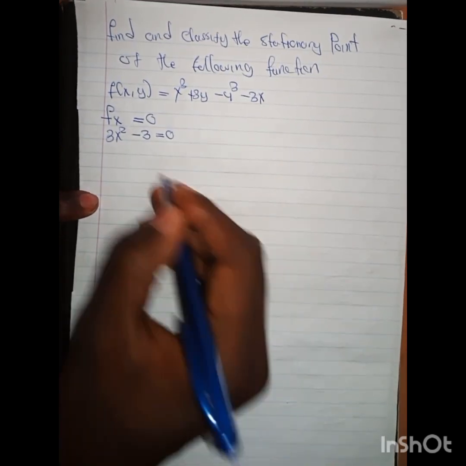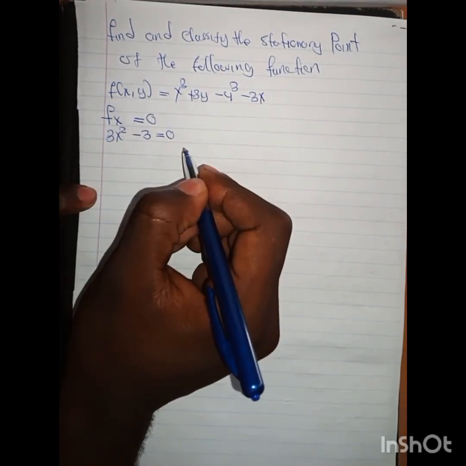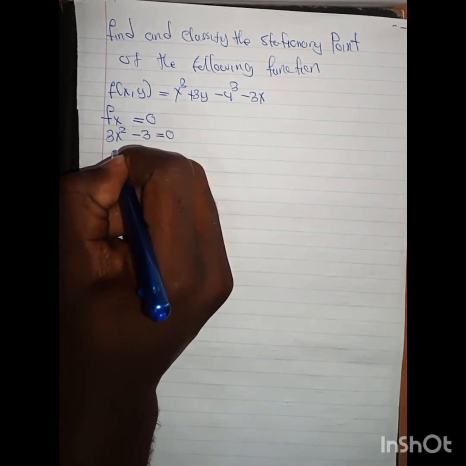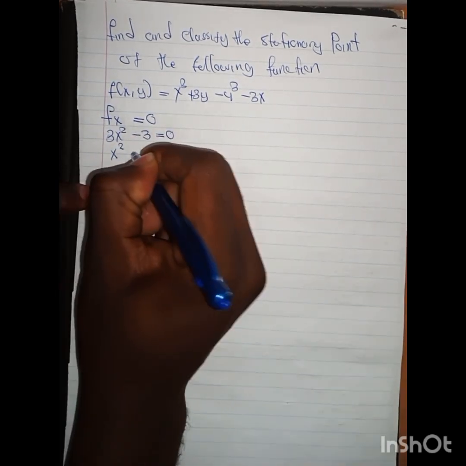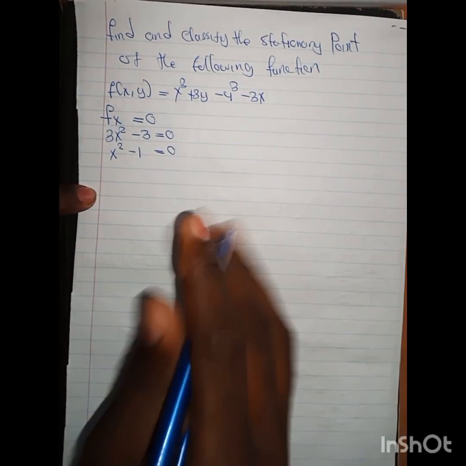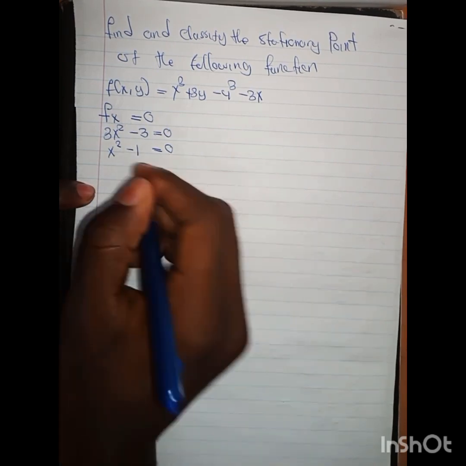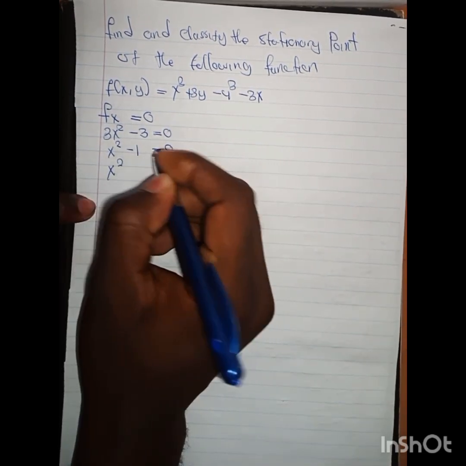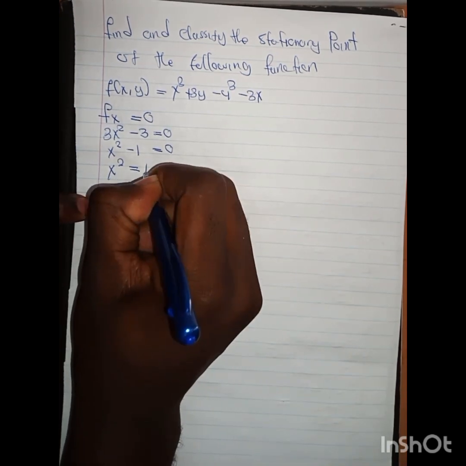Then we can divide by 3 throughout because 3 is common. So we'll have x squared minus 1 equal to 0. And then from this we can take 1 to the right. When we take 1 to the right, we get x squared equals 1.